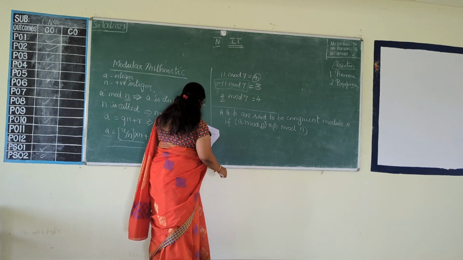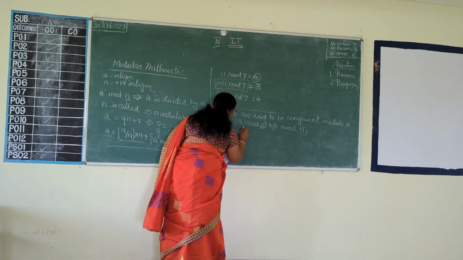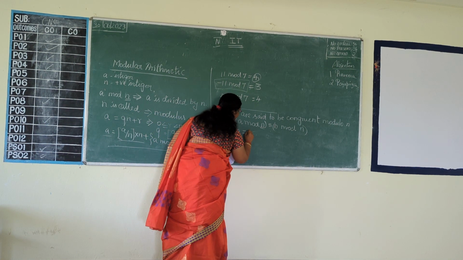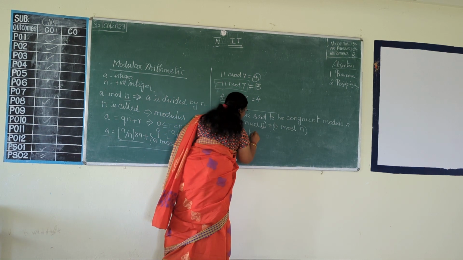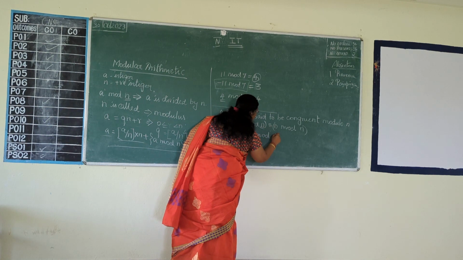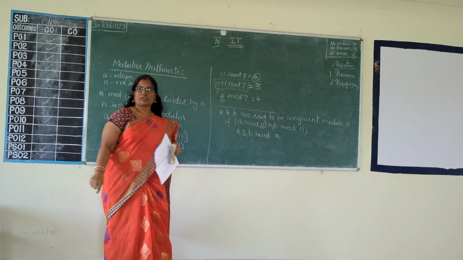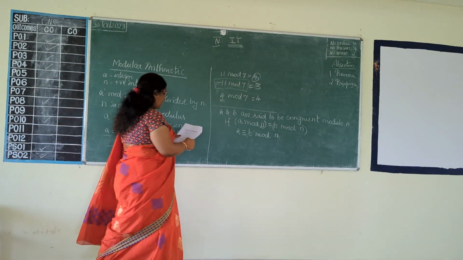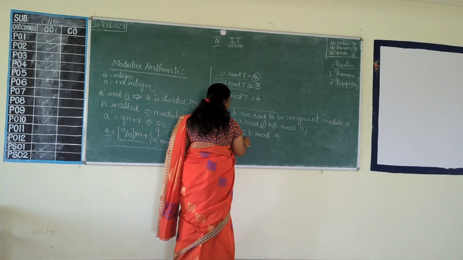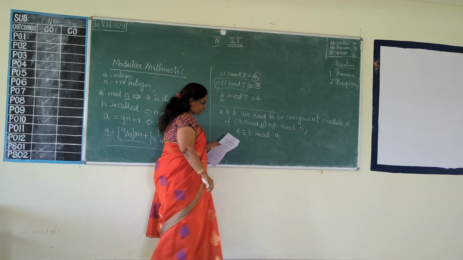Congruence can be written like this, see the representation: A congruent B mod n. A congruent, with 3 lines, B mod n.